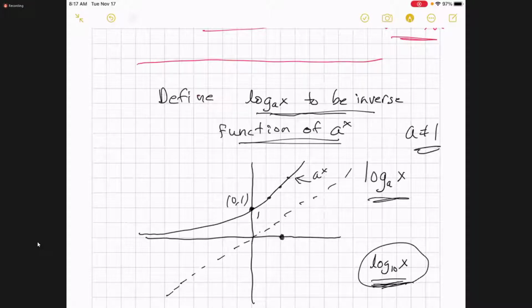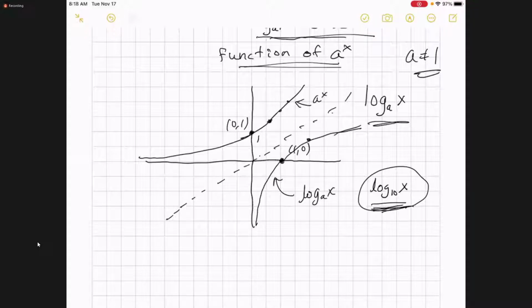That means that (1, 0) is going to be on the curve log base a of x. You flip the point over. What this does is reflect the top curve about the diagonal line, and that gives you your inverse function.